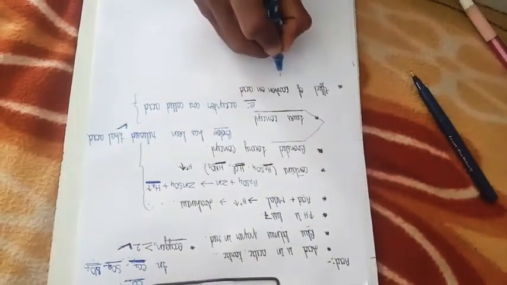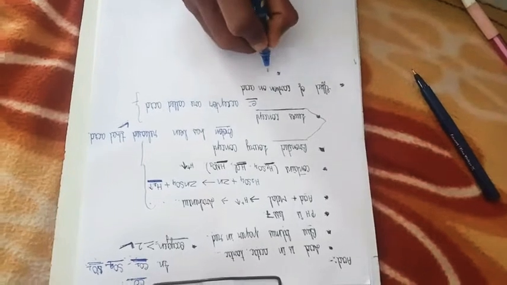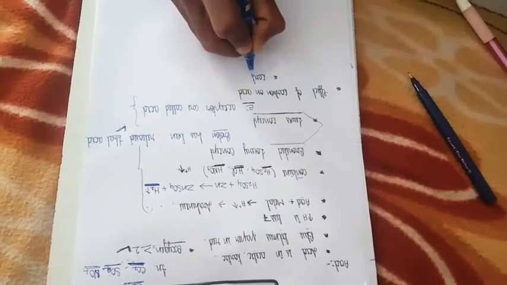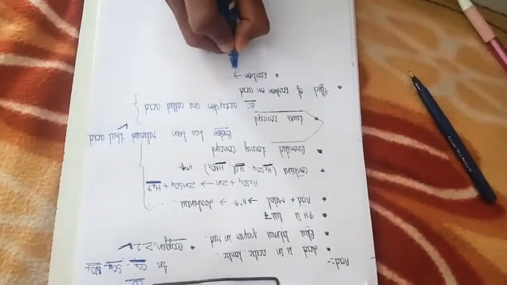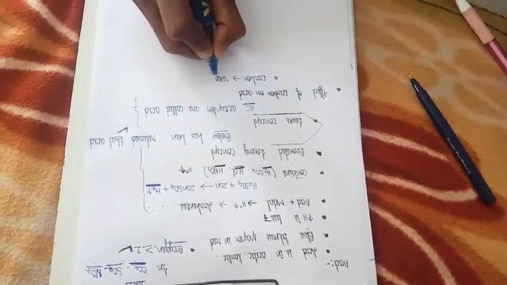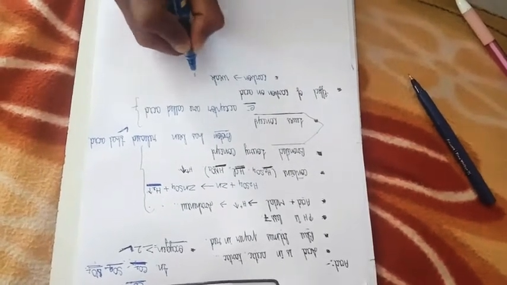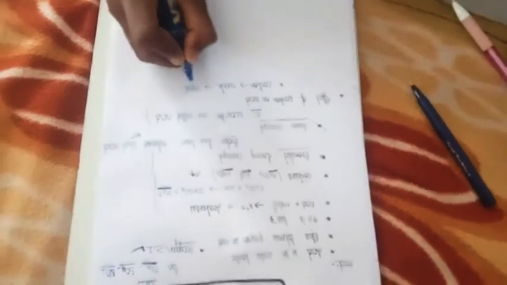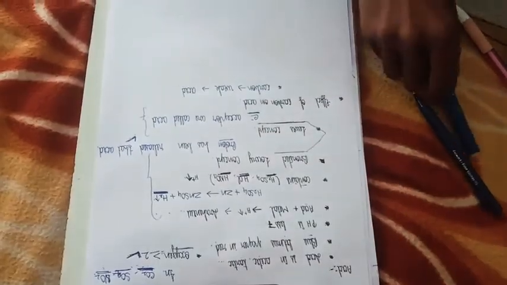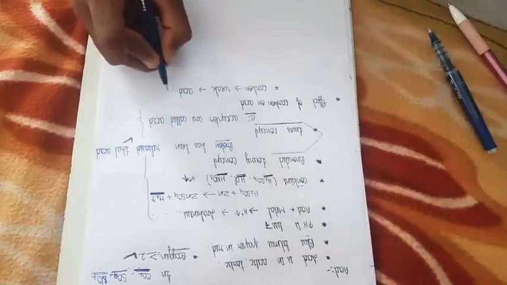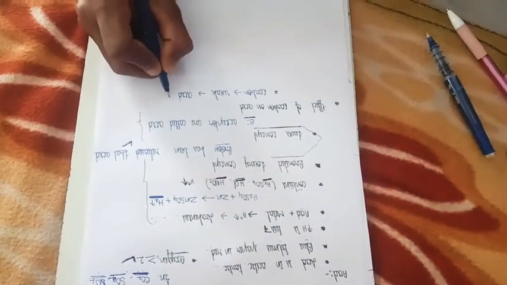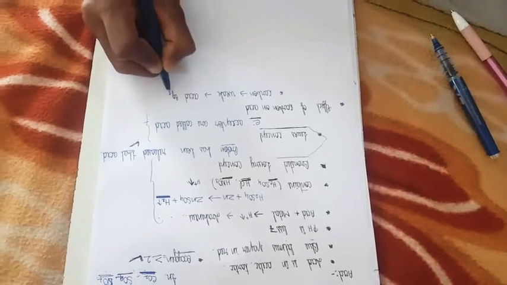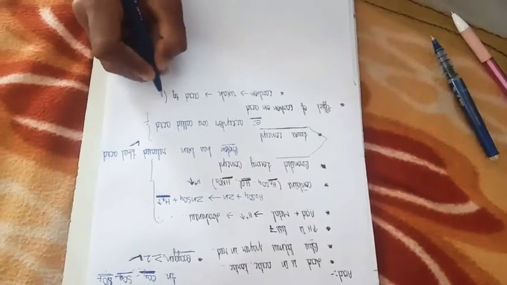If an acid contains carbon, it's a weak acid.